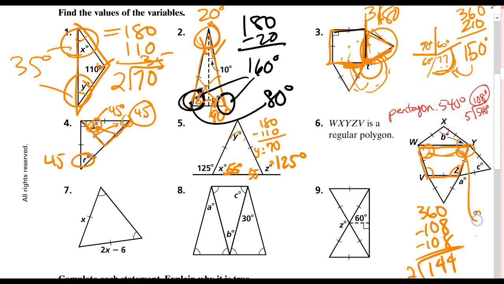So now I've got 72 degrees here and 72 degrees there. Oh, so that means this angle in here will be the 108 from the pentagon, take away the 72 from the quadrilateral. So now I'm at 108 minus 72, and we end up with 36 for B.